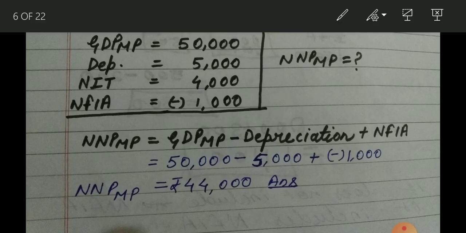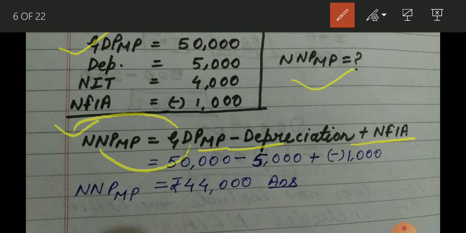In this question, you have to calculate NNP MP while GDP MP has been given. So when we are moving from gross to net, we will subtract depreciation. When we are moving from domestic to national, we will add NFIA.